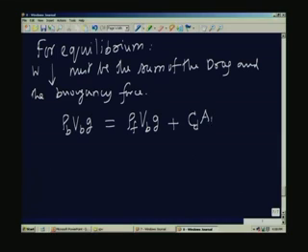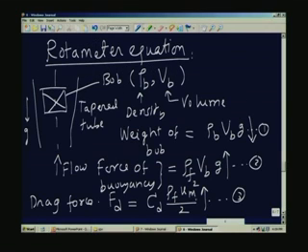I think I left out this A b, I will just go back to that and explain to you. Rho f u m squared by 2. Let me go back and make that correction. This is proportional to C d multiplied by the area which is intercepted by the flow. That will be the frontal area of the bob material. So, A b is the frontal area of the bob.